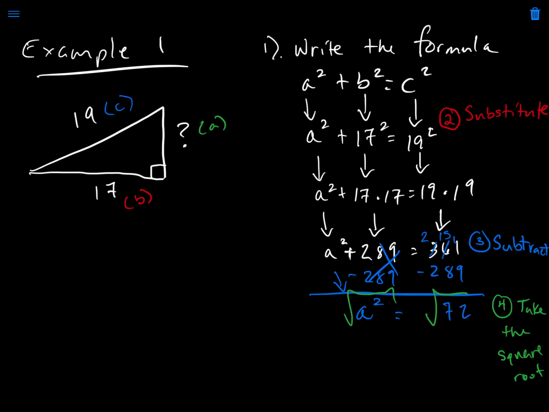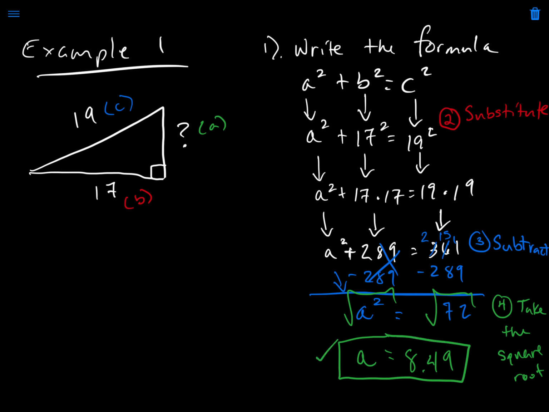So I take the square root of both sides. So A is going to equal square root of 72, which is approximately 8.49. And that is my answer.